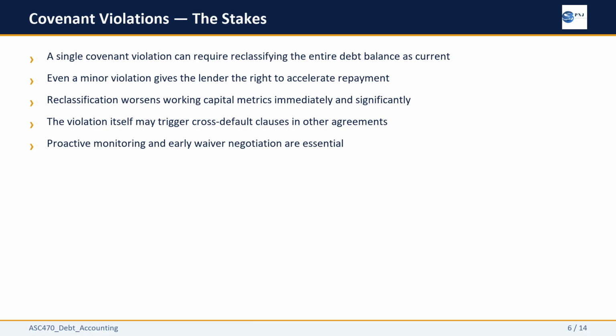Imagine a company with $50 million in long-term debt that violates a leverage ratio covenant at year-end. $50 million moves from non-current to current liabilities overnight. The current ratio collapses. Credit analysts call. That is the real-world impact of getting covenant monitoring wrong.